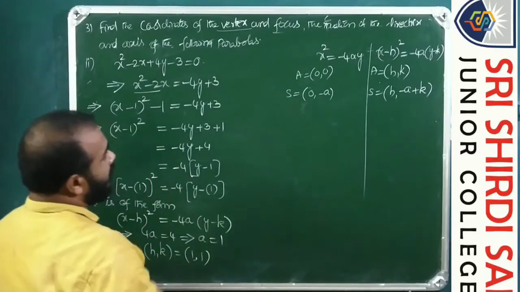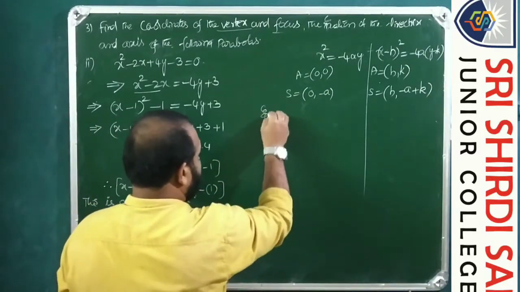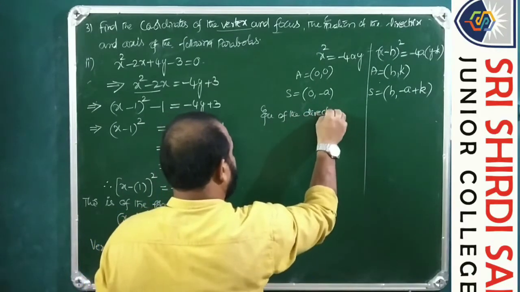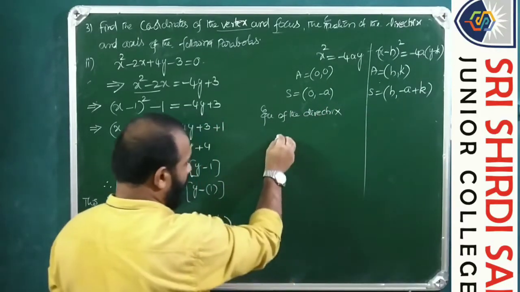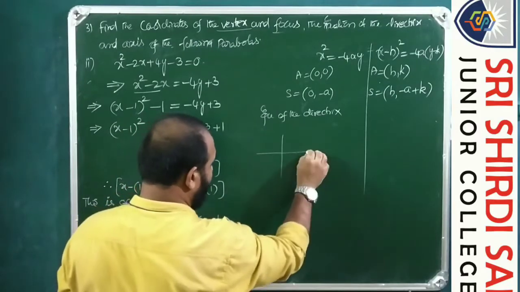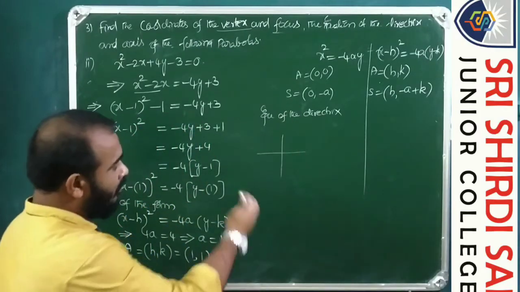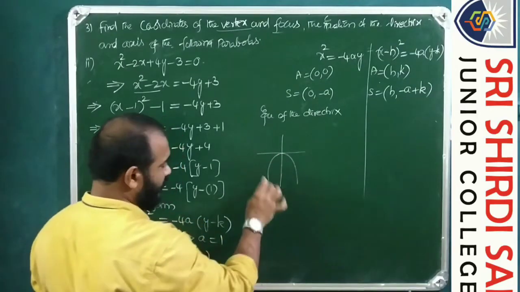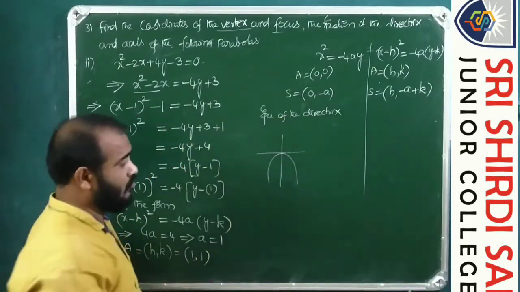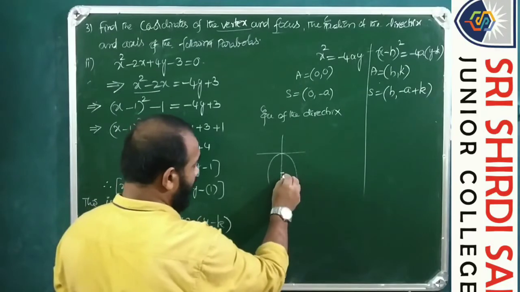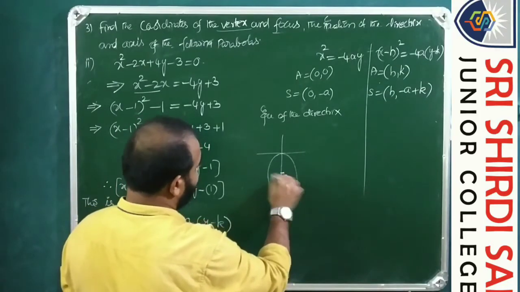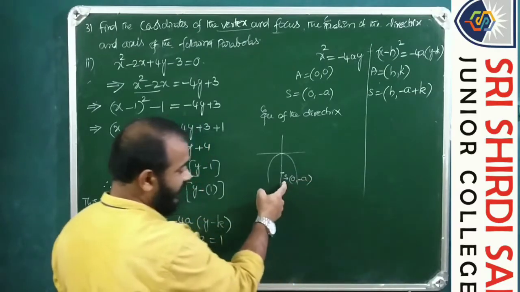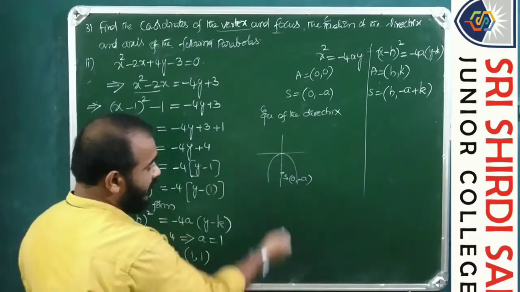Next, the equation of the directrix. If you are confused with the parabola, then I will facilitate this for you. This is the parabola x square equals minus 4ay, and this is the focus, which is (0, minus a), lying on the downside of the y axis.